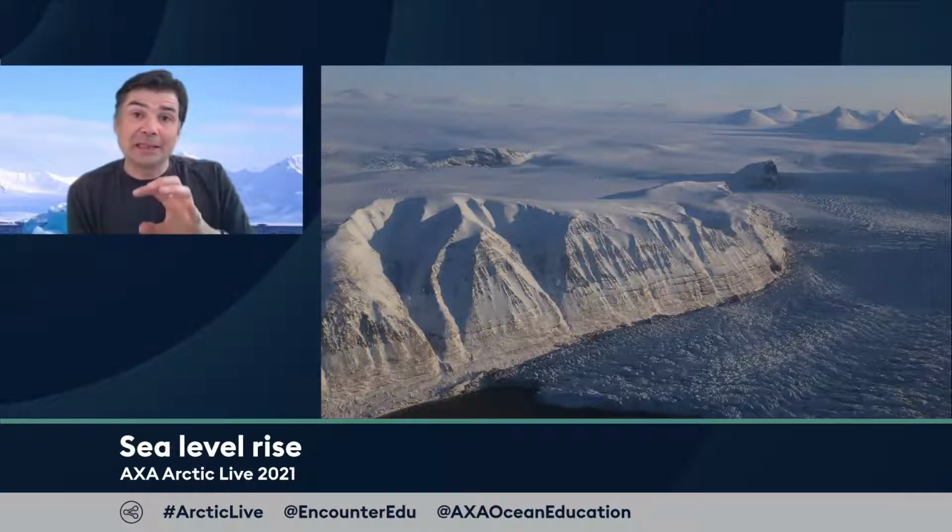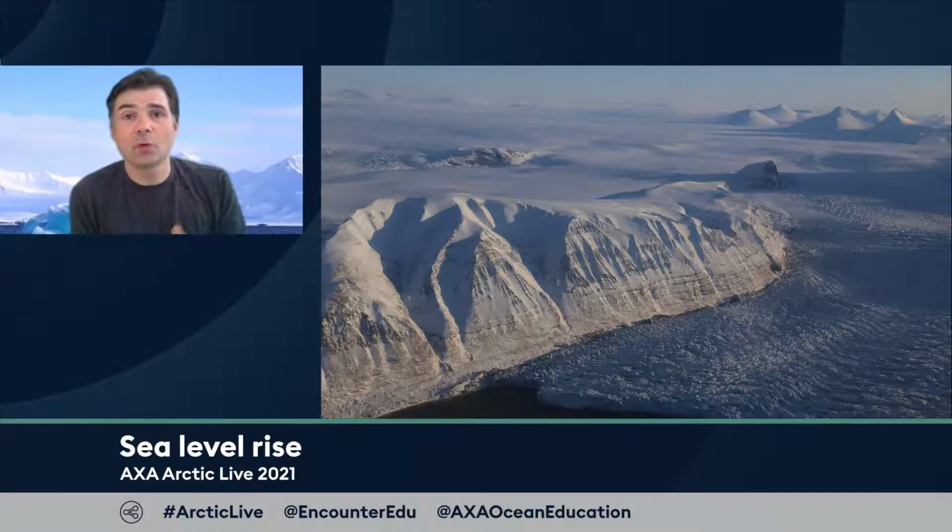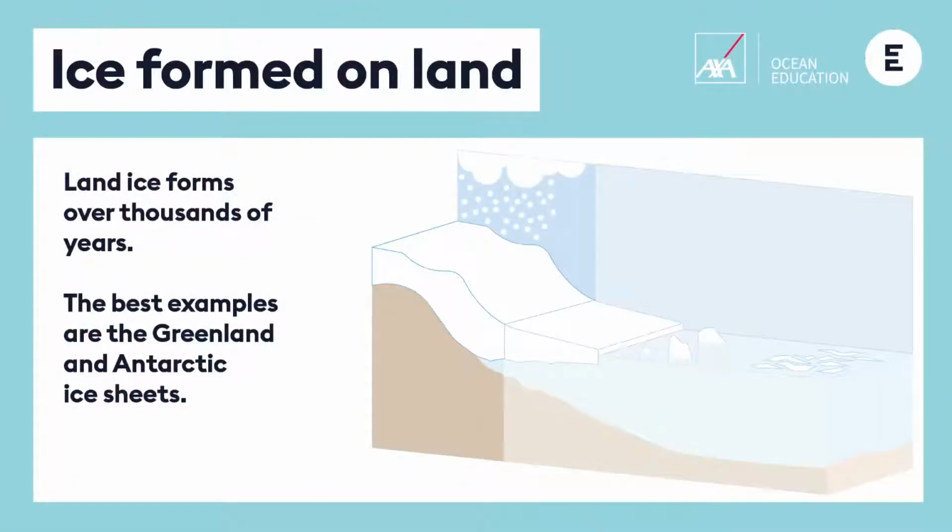Now, when that land ice meets the sea, it can break off or carve into icebergs. So icebergs are bits of ice formed on land that break off into the sea. Now, we're going to compare that to sea ice.